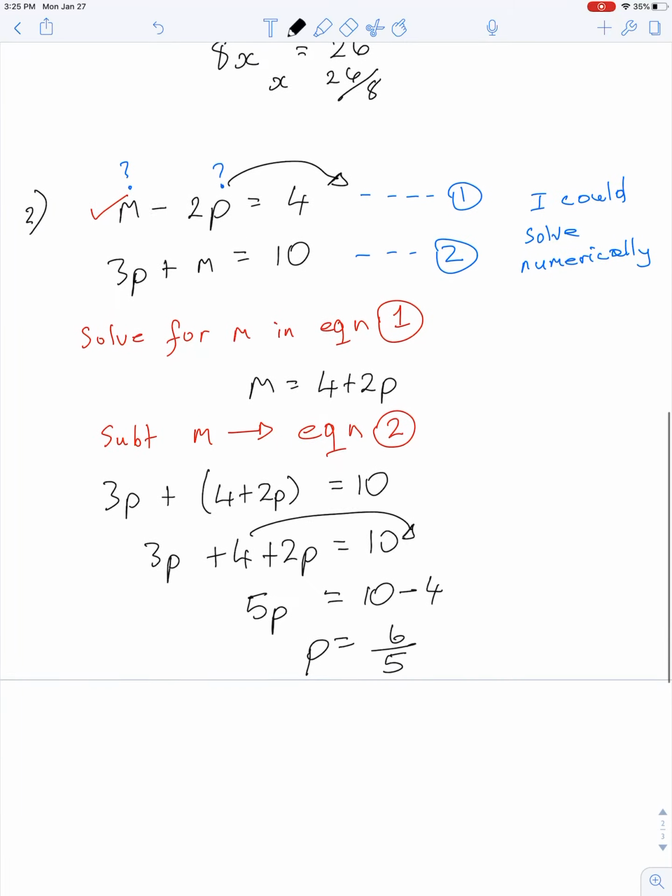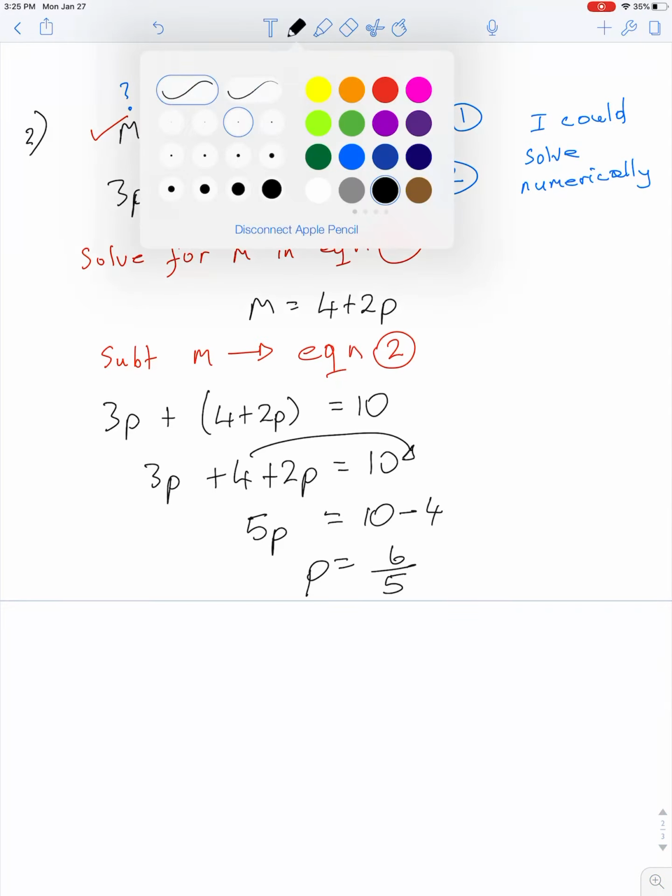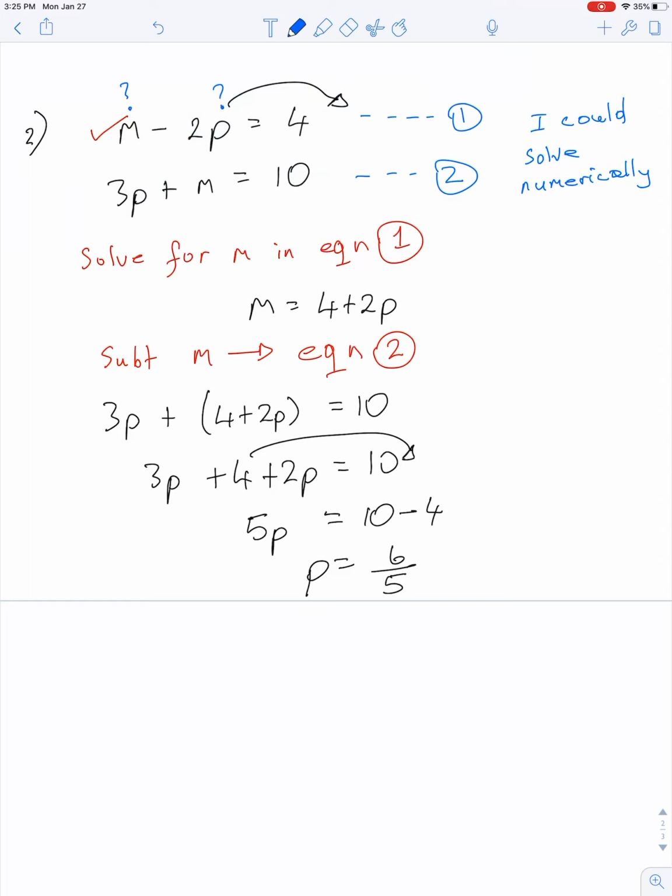Once you have solved for p, now that you know the value of p, let's put this in red or blue. Now that I know the numerical solution of p, I could just take it and substitute it here to find m, because I know what m is equal to. m is 4 plus 2p.